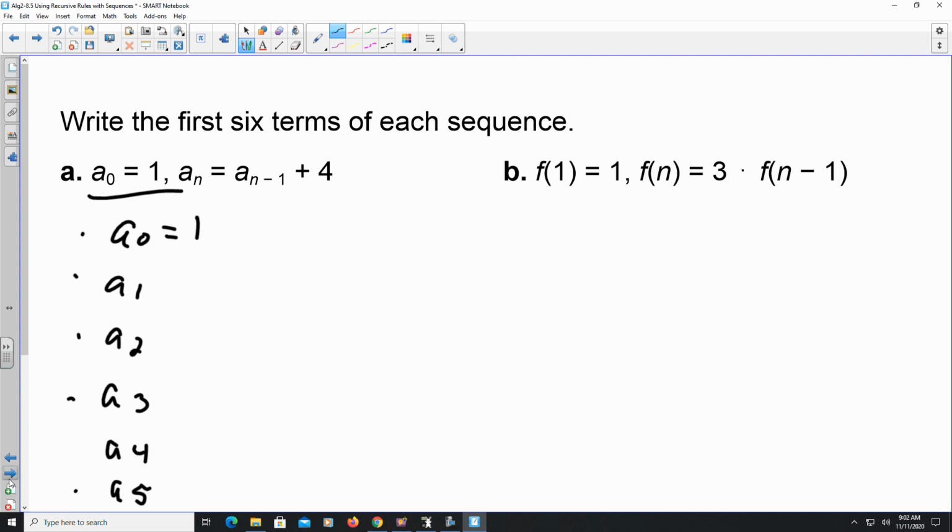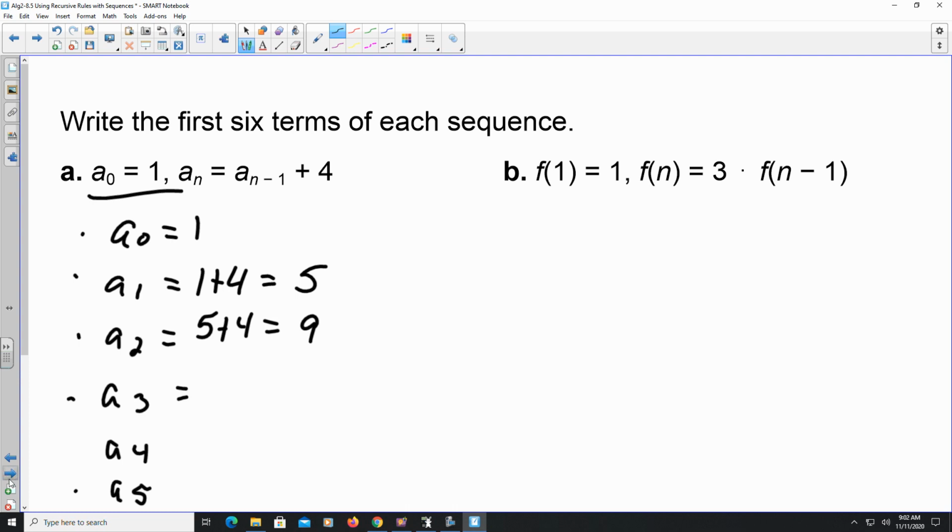A sub 0 we know is 1 because they gave that to us. A sub 1 is a sub n minus 1, which is a sub 0, the previous value, so it's 1 plus 4, which equals 5. A sub 2 is 5 plus 4, which is 9.